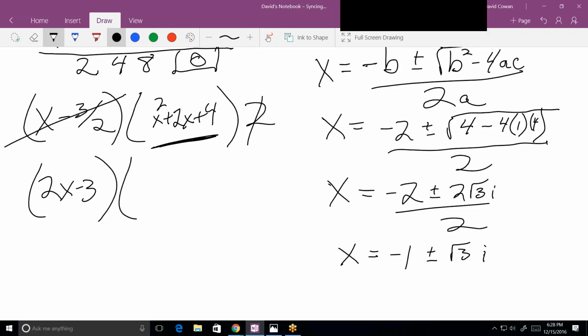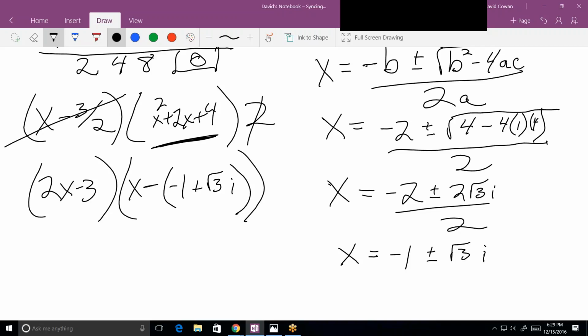Now, the rest of it is, if these are the zeros, then the factor is x minus that, right? So x minus, and I'll put it in parentheses, minus 1 plus root 3i.